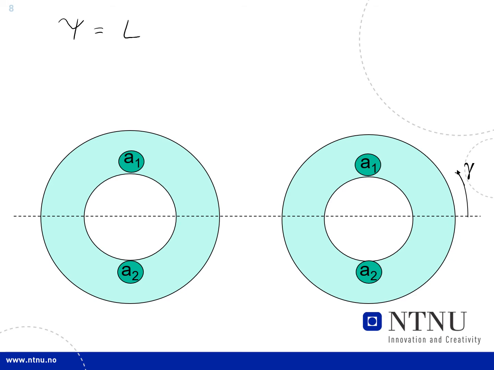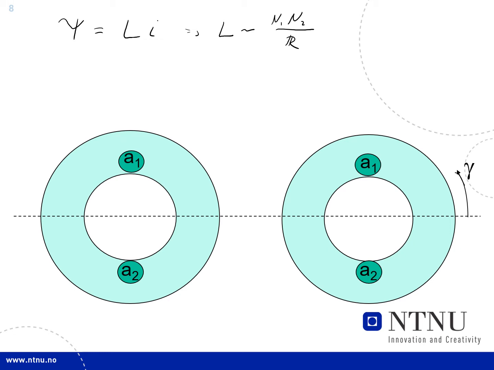Now, the inductances are the relationship between flux linkage and current, right? And the inductances, as we know, are basically proportional to the number of windings that they link and to the reluctance.